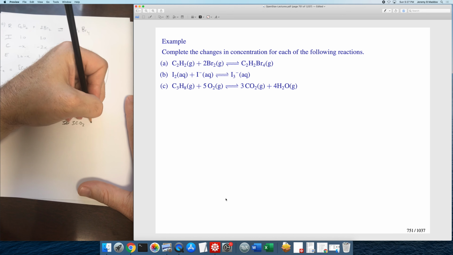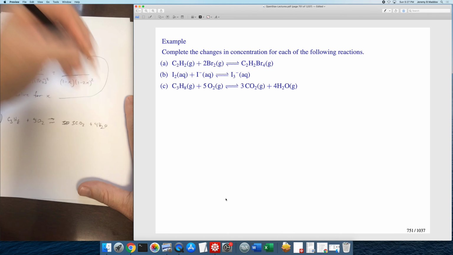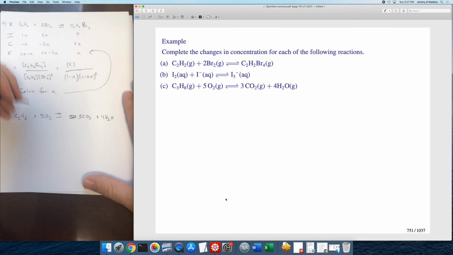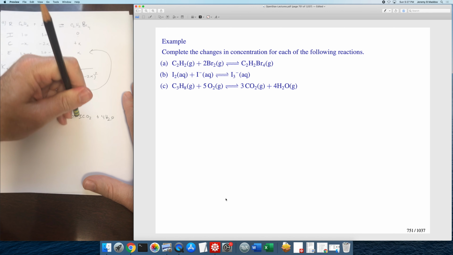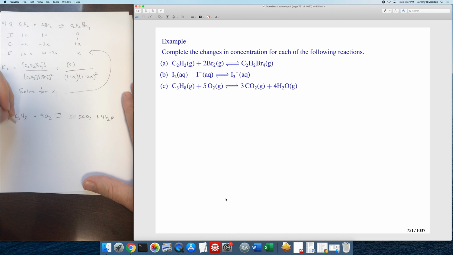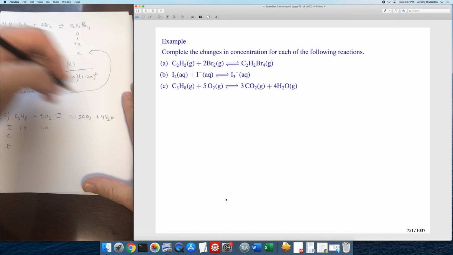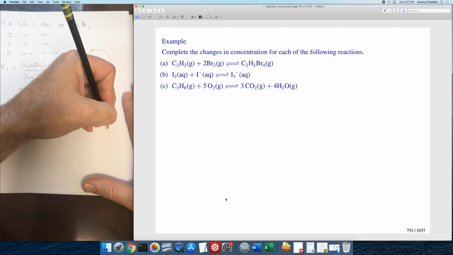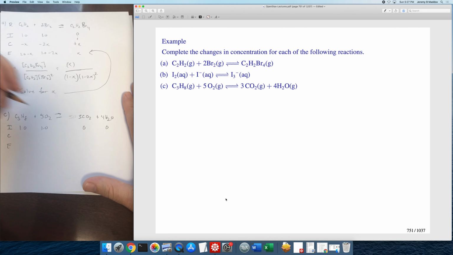I would think it would be one way, but nevertheless, we can still set up the ICE table for it, even if it doesn't make so much sense to do it. It's good practice. So we'll just assume 1.0 and 1.0 again. It could be whatever the problem tells you. Initially, there's no carbon dioxide or water vapor.